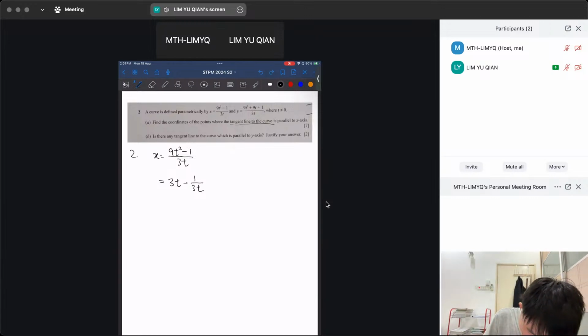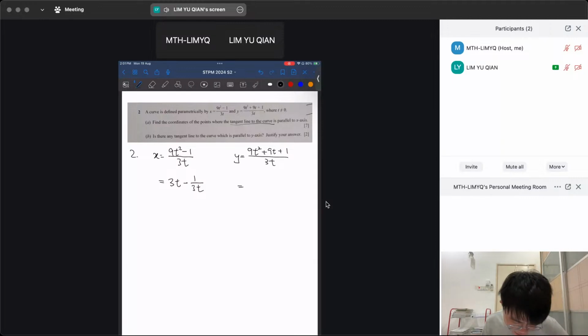So y equal to 9t squared plus 9t plus 1 over 3t, which you can rewrite as, that's it, 这样可以 factorize. 3t plus 3 plus 1 over 3t, where t is not equal to 0.